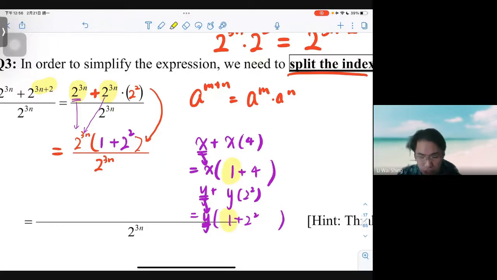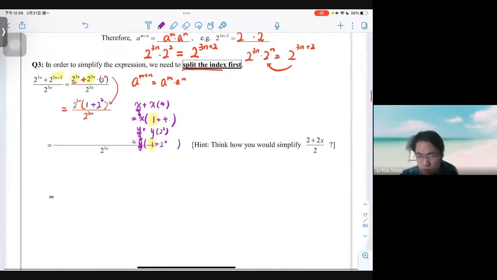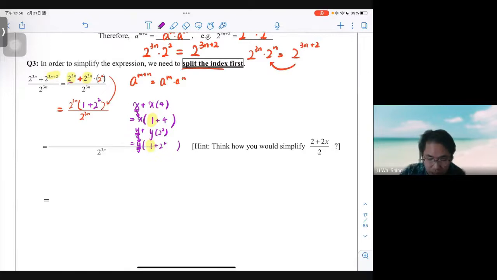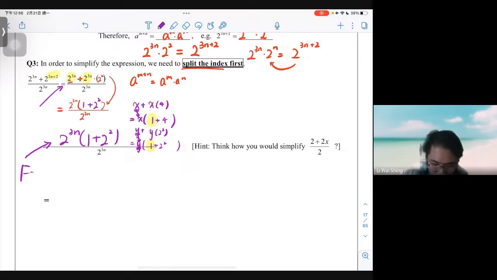Okay, so good job. Okay, yes, and I saw chat room. Okay, Marcus and Jabez have given me the answer also. Okay, so when you split the index, you can change it into 2 to the power 3n times 1 plus 2 squared. Okay, you've done a factorization.